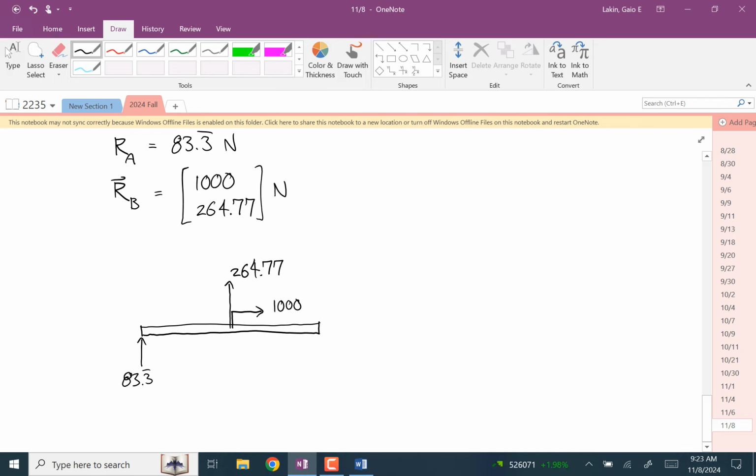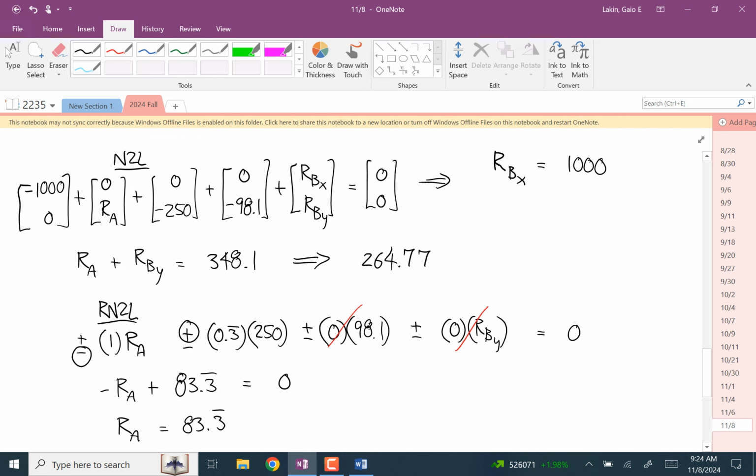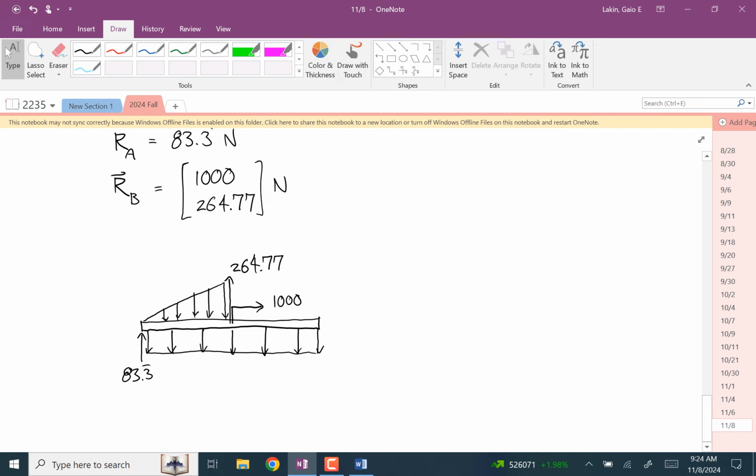And then we have a distributed load, this triangular distributed load, like this. And then we have the distributed load for the weight force. The total weight is 98.1. The total length is 2. So divide 98.1 by 2 and you get this uniform distributed load of 49.05.